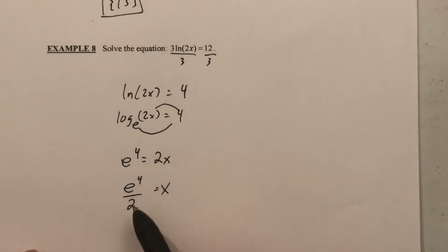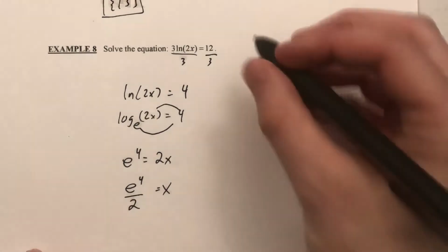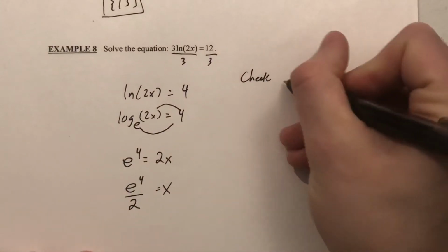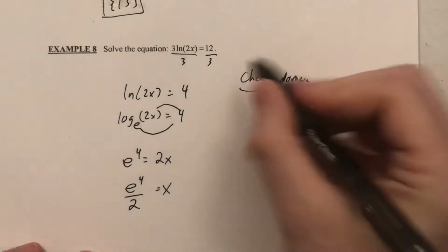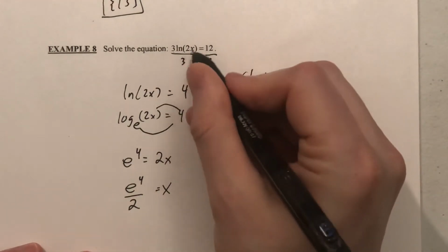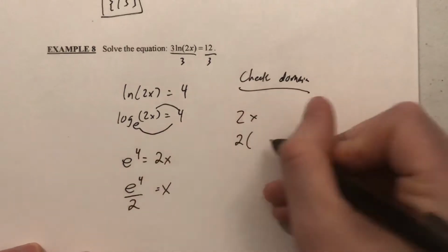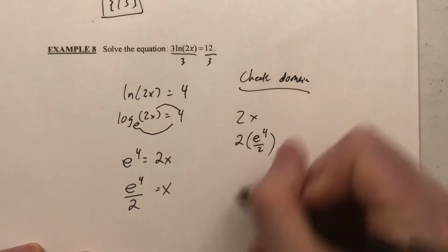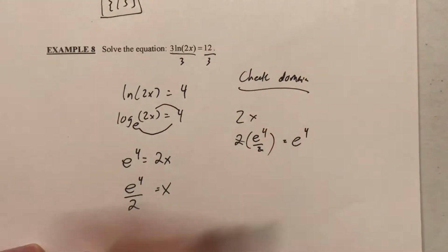Now, e to the 4th over 2, that value, we do want to officially check the domain, which will be plugging it into just this 2x. That's all we're checking. So 2 times e to the 4th over 2, those are going to cancel and leave us just e to the 4th.